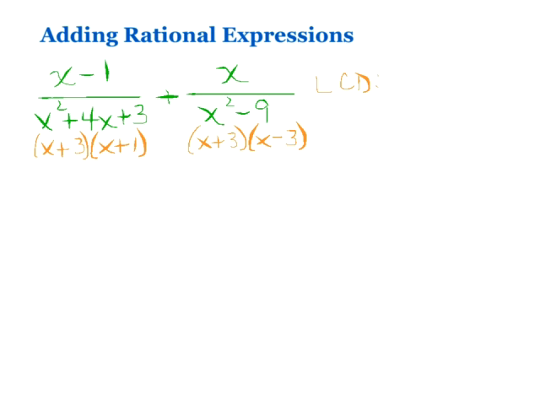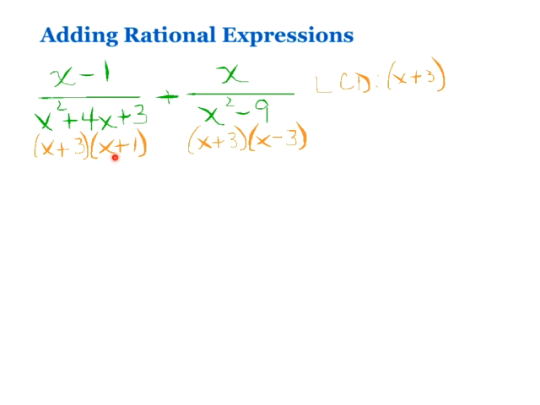So when I look at the factors that I have in the first denominator and the factors that I have in the second denominator, I need to pick out the common factors and take the one that has the most. So I do have a common factor of x plus 3 in both of them, but since they each only have one x plus 3 as a factor, I'm only going to use one x plus 3 for my LCD.